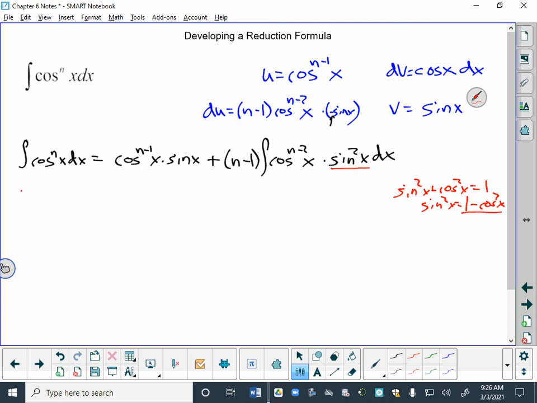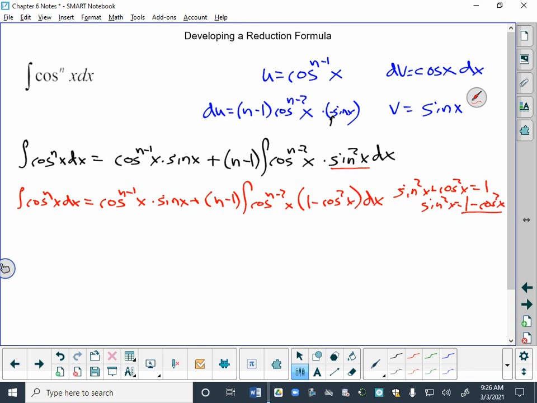So this is now rewriting again. The integral of cosine to the nth x dx is equal to cosine to the n minus 1 x times sine x plus n minus 1 times the indefinite integral of cosine to the n minus 2 x times 1 minus cosine squared x dx.